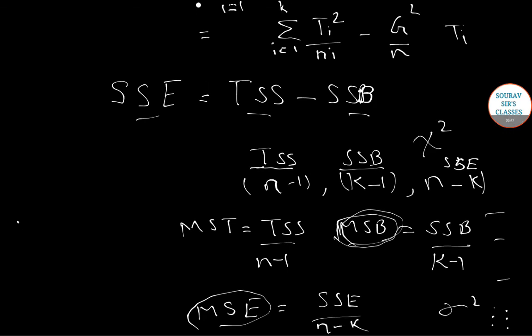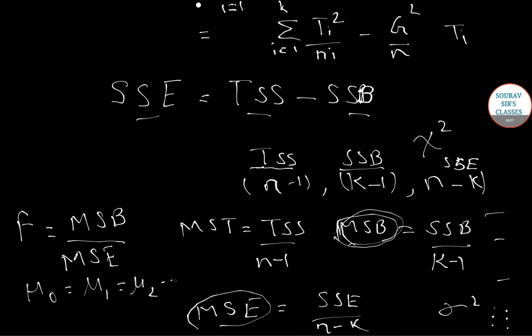Hence, this ratio F equals MSB divided by MSE is an appropriate test statistic for testing the null hypothesis H0: mu1 equals mu2 and so on till mu k.